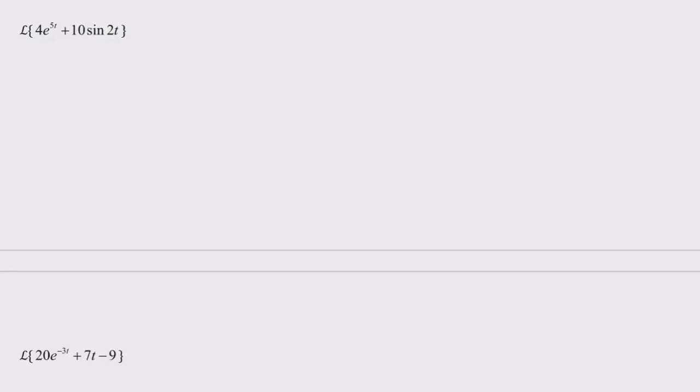Okay, in this next example, let's separate them out into their different terms, and if we can essentially factor something out, let's do it. So we can pull a 4 out, and then we have a pattern for e to the 5t, and then the 10 we can pull out, and we have a pattern for sine.